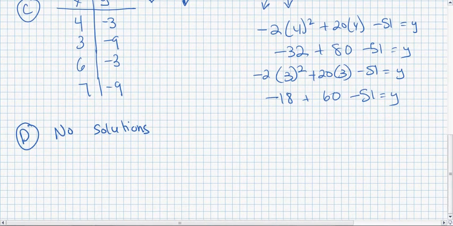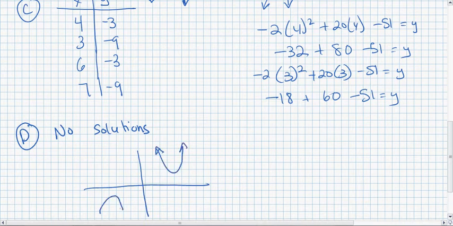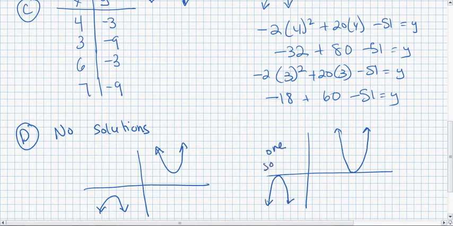And once again, what that means is if the parabola is either floating above the x-axis or floating below, it never crosses the x-axis. There are no solutions. If it were actually sitting on one point on the x-axis, we would say that there is one solution.